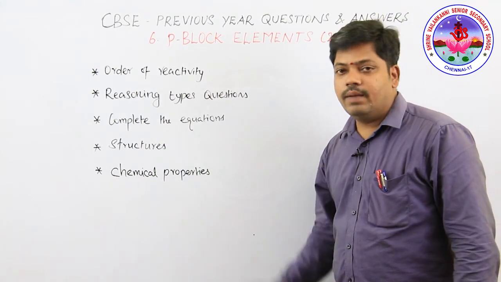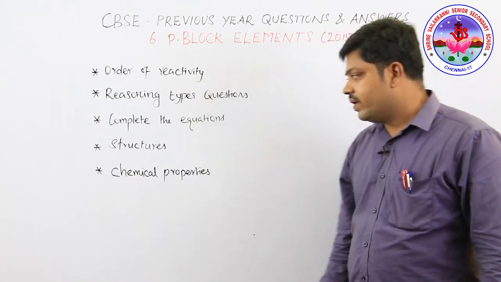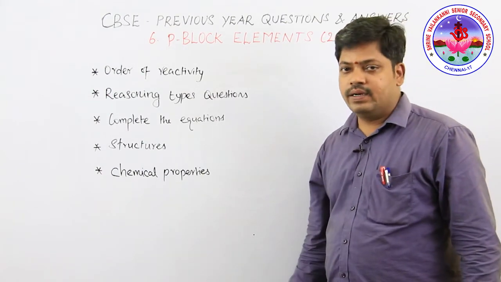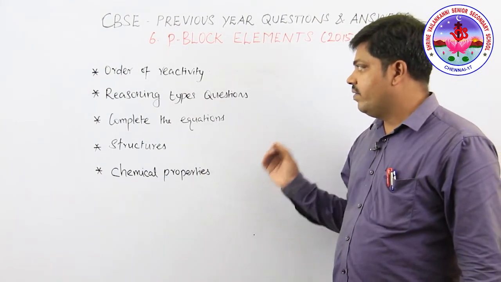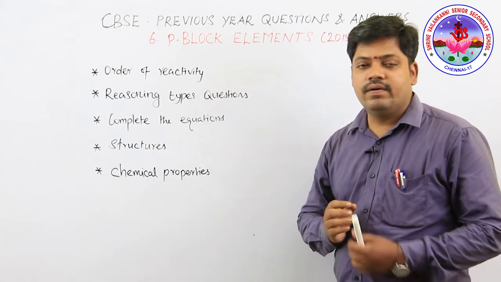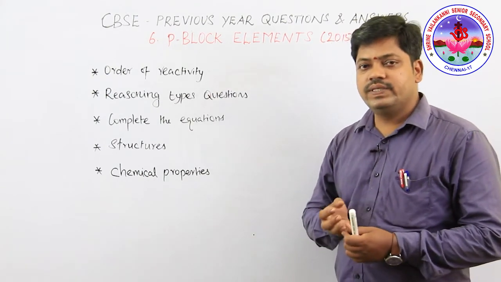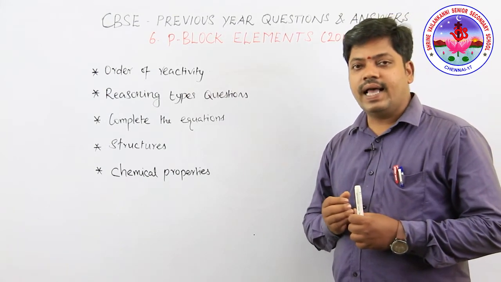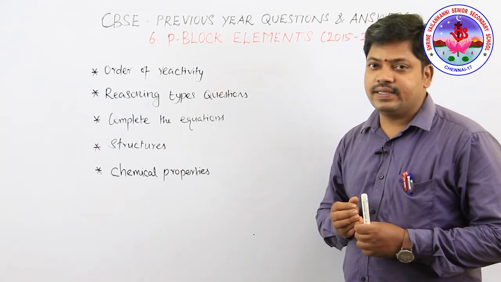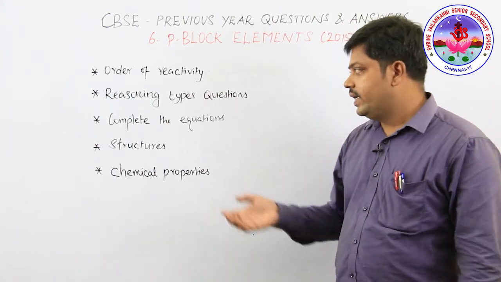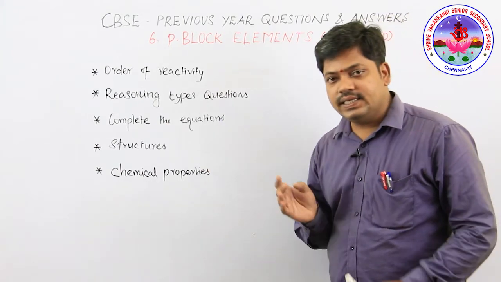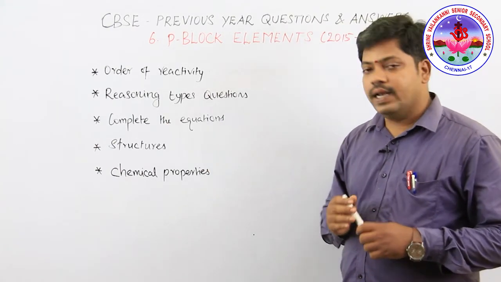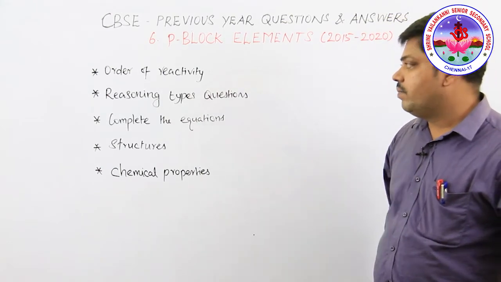Then the chemical properties, mainly of the P block elements. In the P block elements we are going to discuss group 15, group 16, group 17 and group 18 elements. In class 11 we already studied group 13 and 14. Here it is 15, 16, 17 and 18 elements. Now we'll see some more questions.